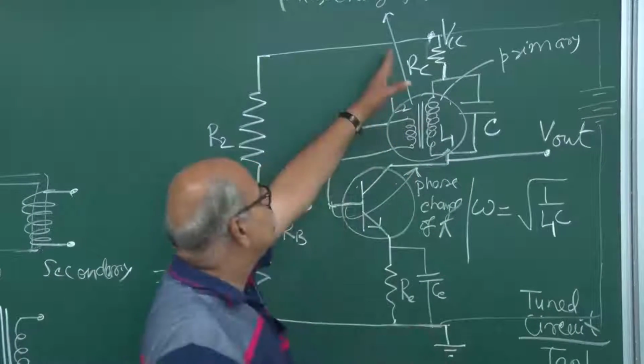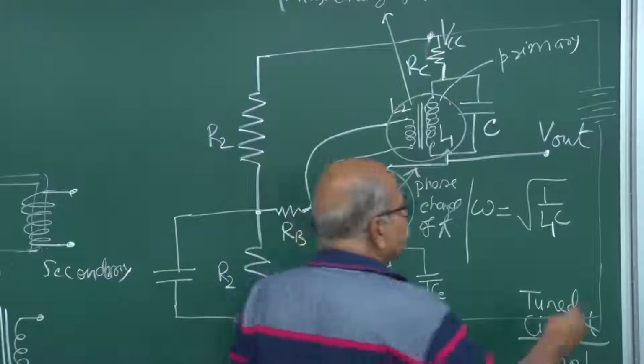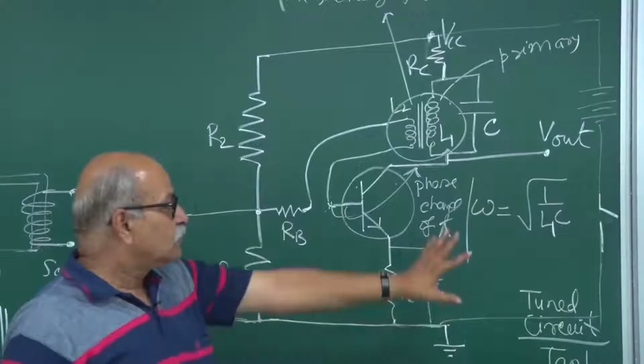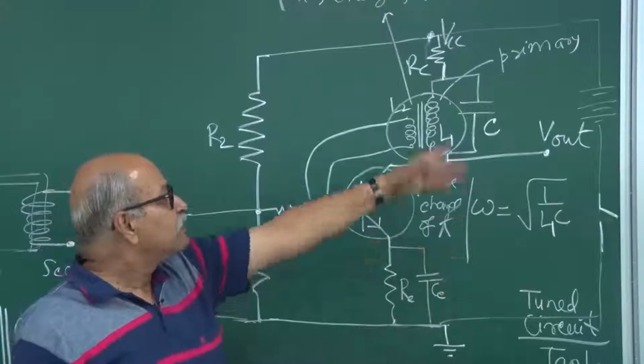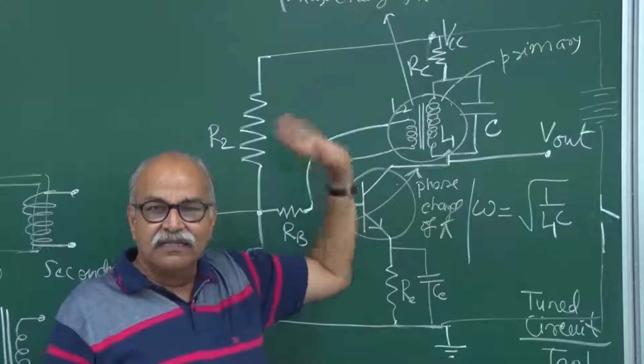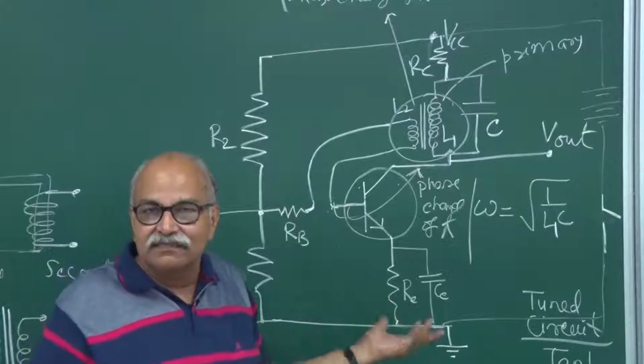That's the meaning of this VCC. So I can put a switch here. If this switch is not closed, this battery is ineffective, and that means there is no current, no biasing, this is just on the table.